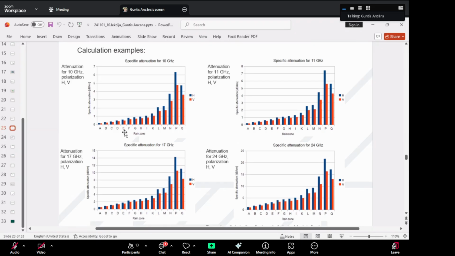For example, for E region, we see that the 10 gigahertz attenuation is more for horizontal polarization. The same is actually true for all rain zones.